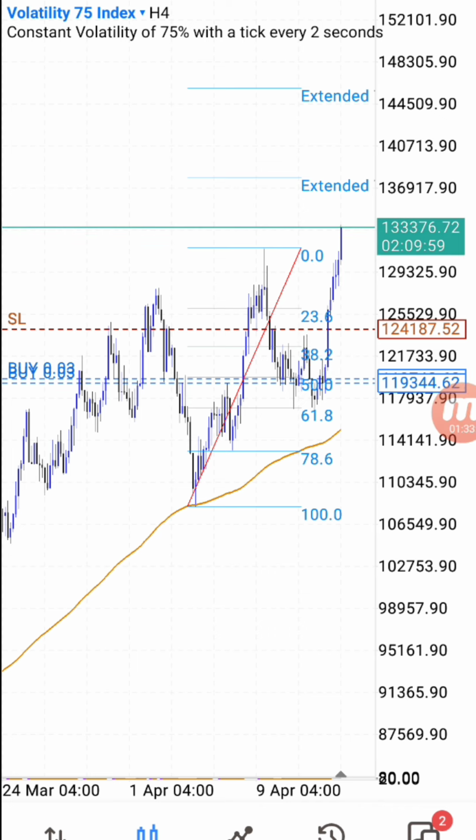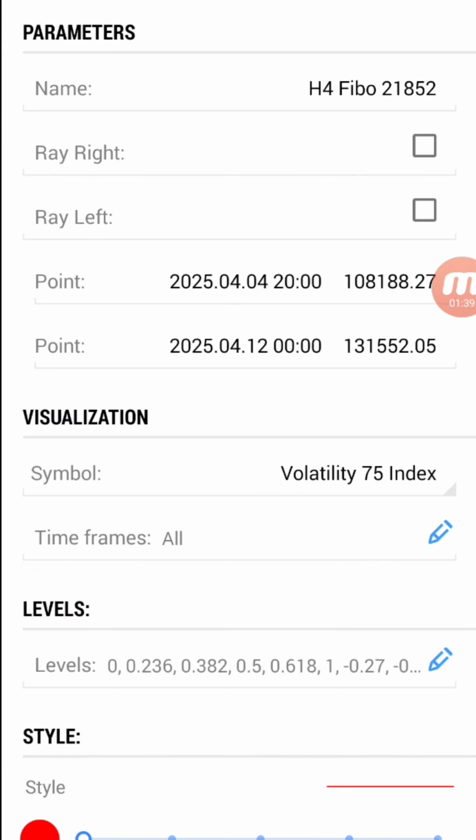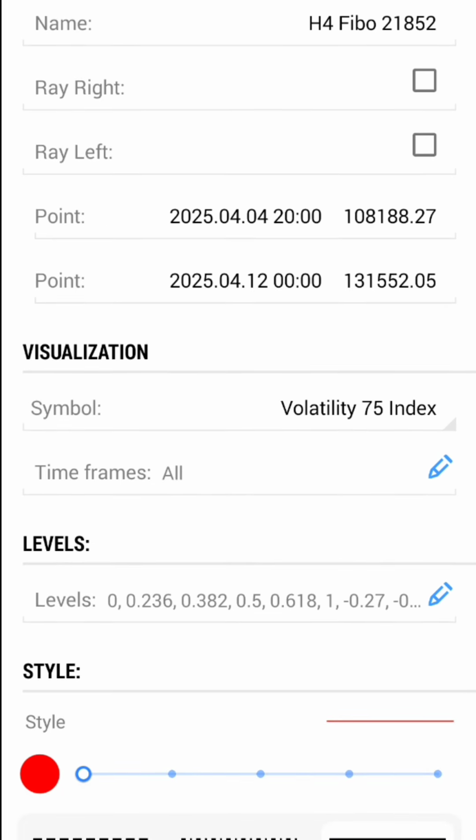So let's just get the setting for this particular Fibonacci. You will go there, just copy whatever you see here. This is the Fibonacci retracement level that I am using, and that has been working perfectly fine for me, right?